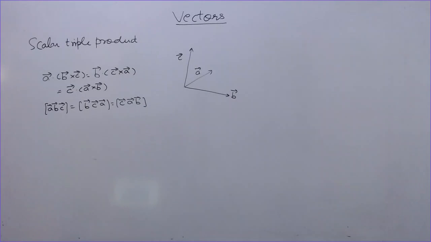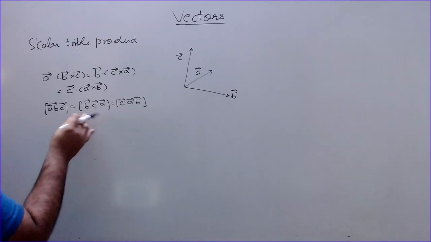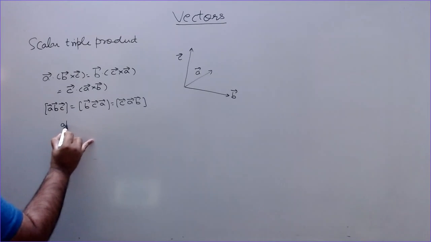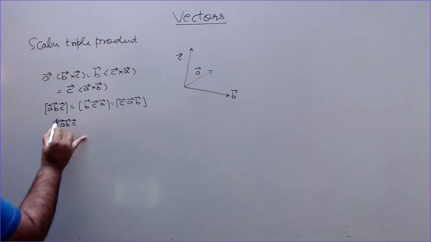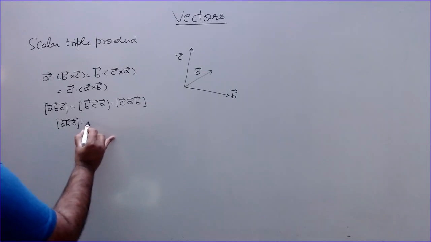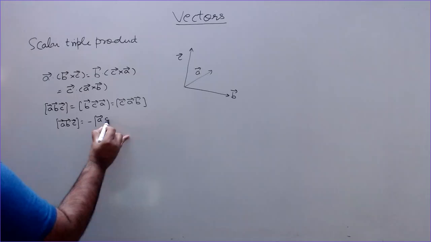If you take any of these, if you change the position, like [A B C] equal to [B C A], if you write it as [A C B], then this will be minus of [A C B].